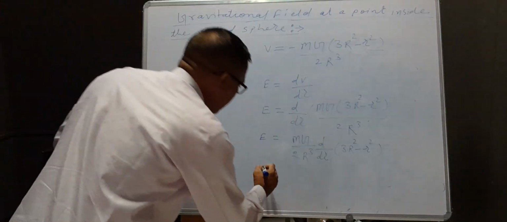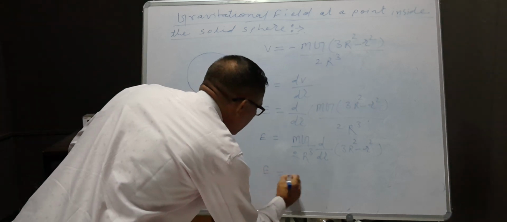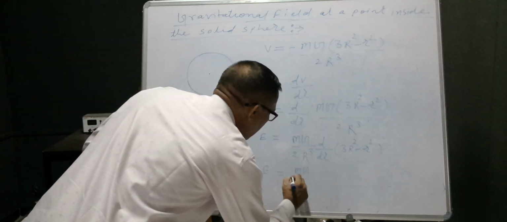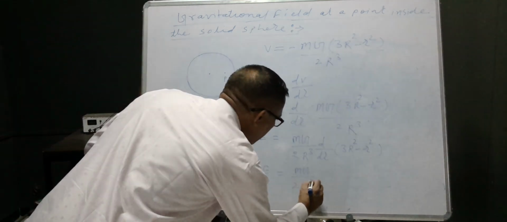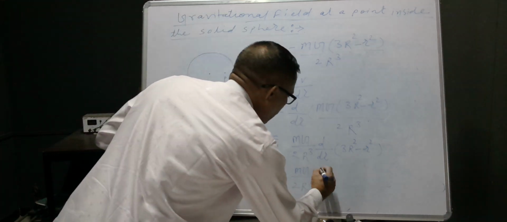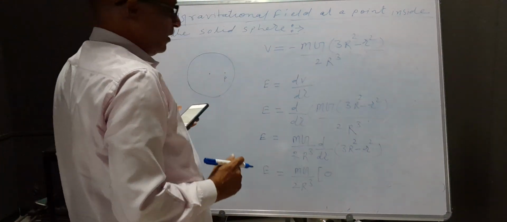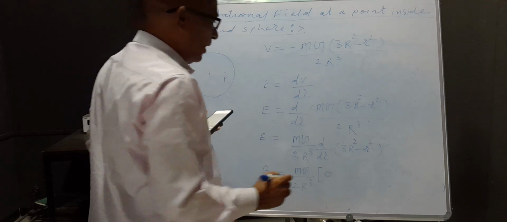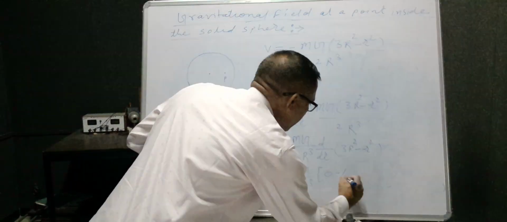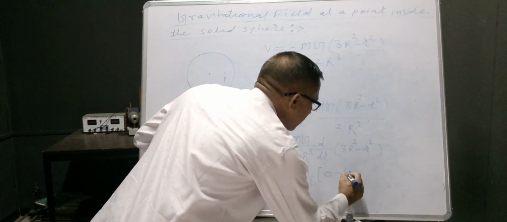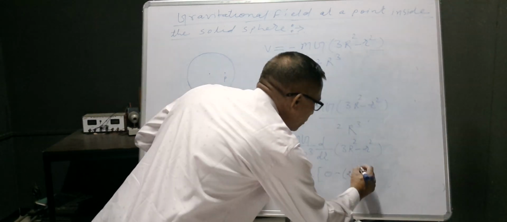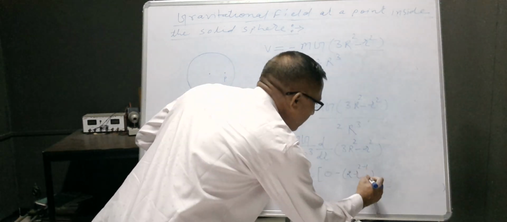This can be differentiated like this: GM upon 2a cubed into the bracket, where 3a squared is constant and its differentiation is 0, and minus of 2 into r raised to 2 minus 1.